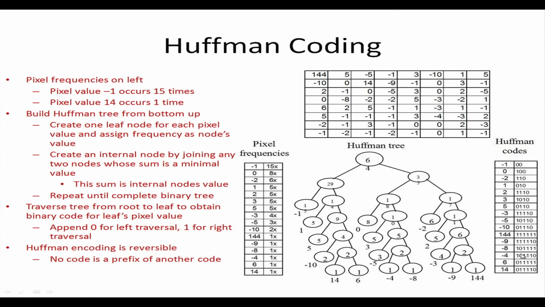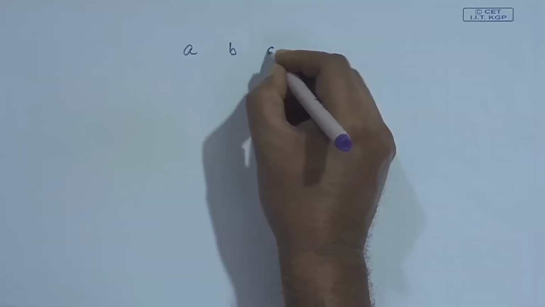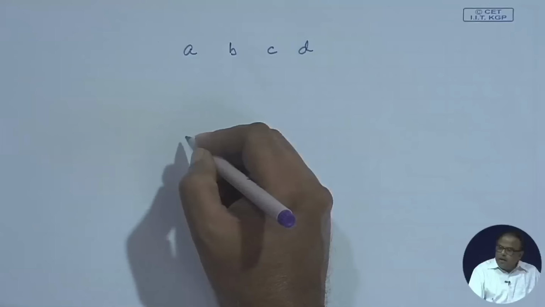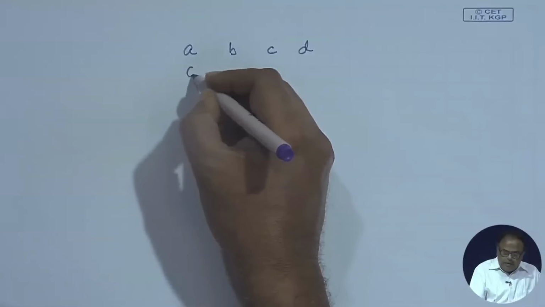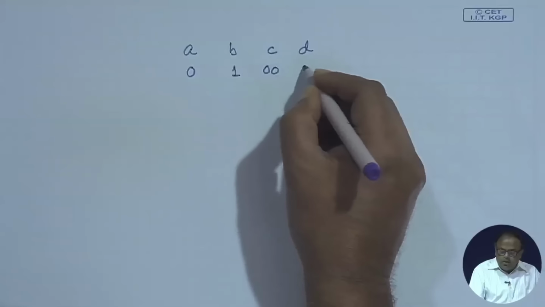Besides that, there is another beauty in the Huffman code. It is also known as a prefix code, because no two codes will have the same prefix. Okay. So, A, B, C, D, if I had given 0, 1, 0 0, 0 1.